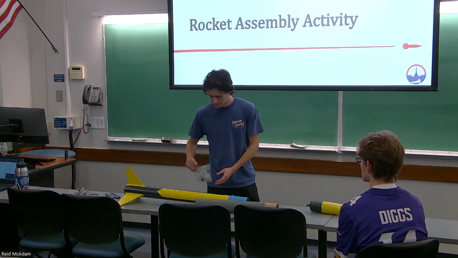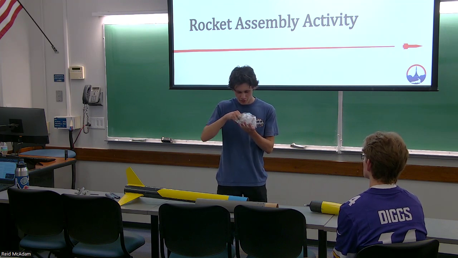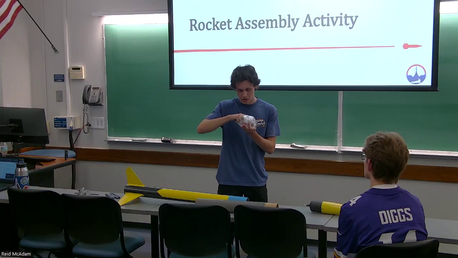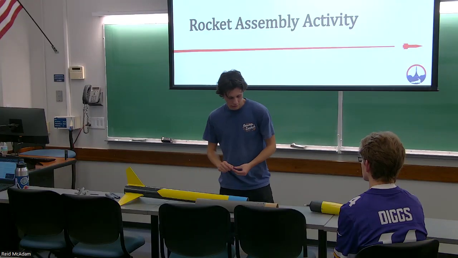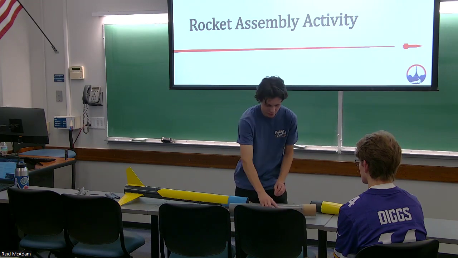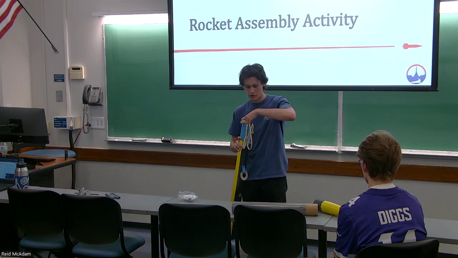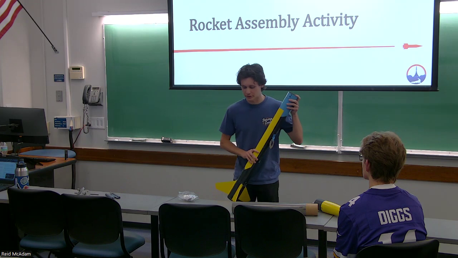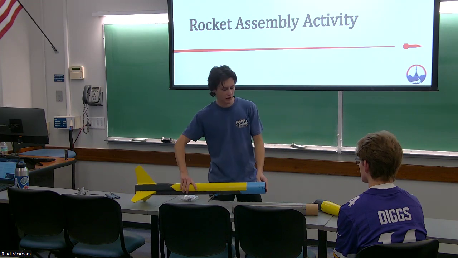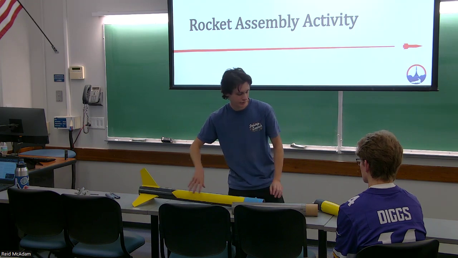For the other side, we use these little shear pins. So I'll put in one. Let me tuck in my shock cord. These little shear pins are basically just like little tiny screws, and they're born to die.